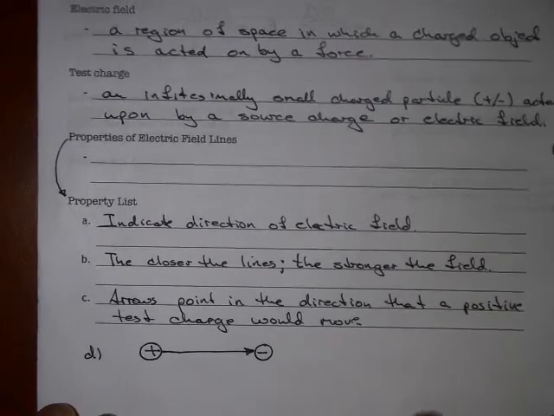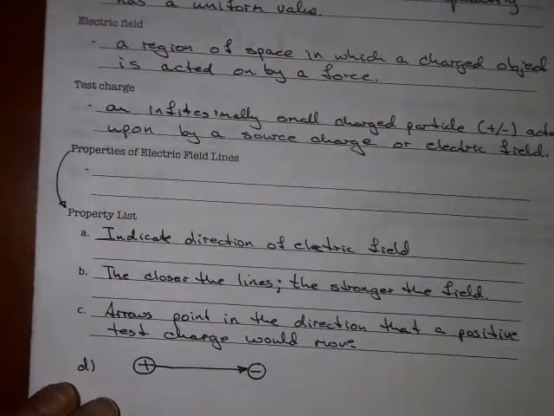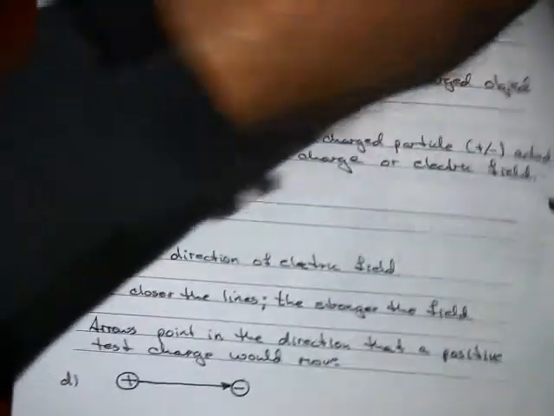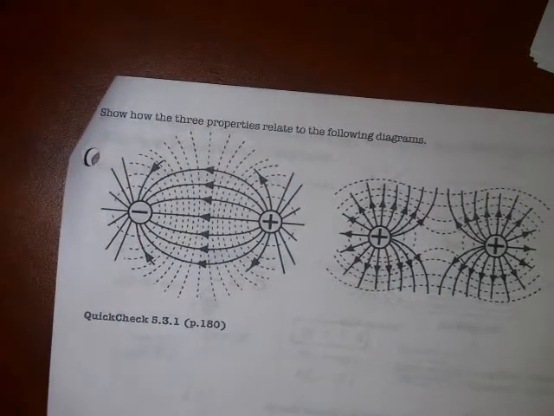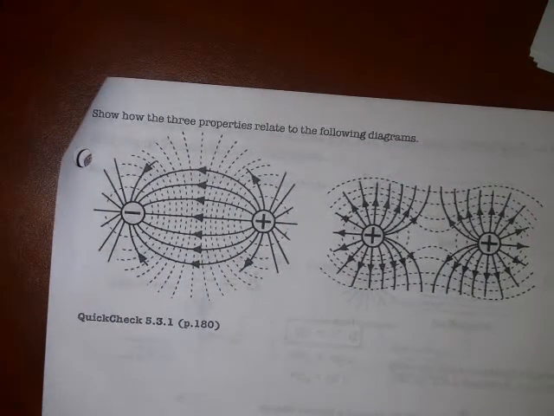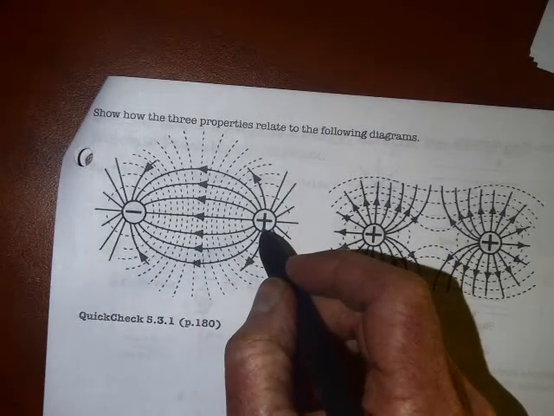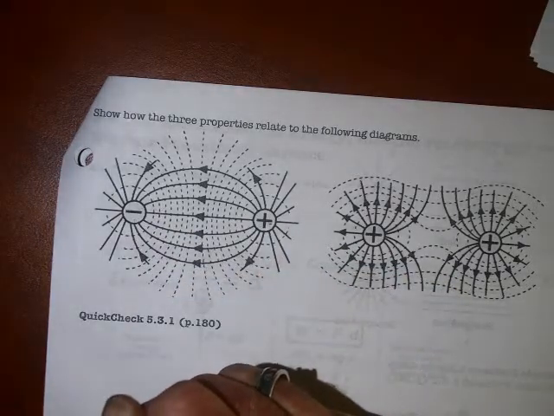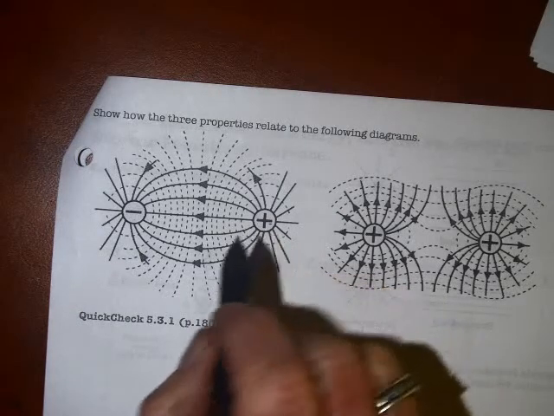Well, when we look at the diagrams on the next page, it will make a little bit more sense, I think. So here we have two point charges. There's a point charge here and a point charge here, and you can see how these lines go.